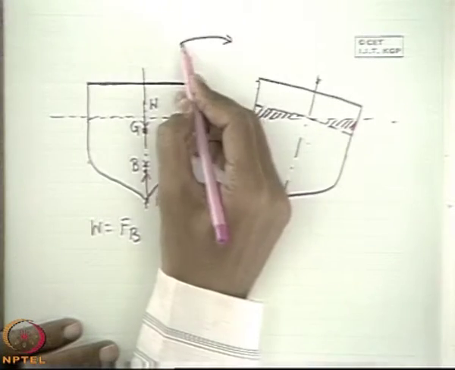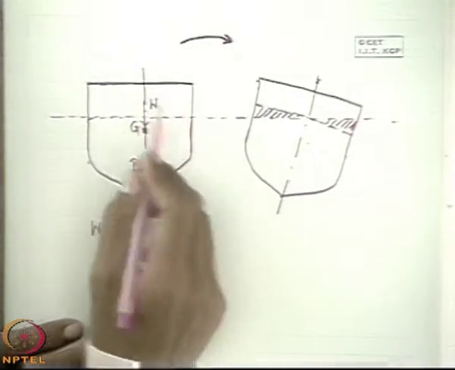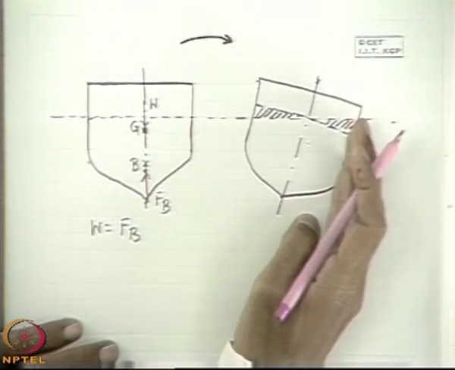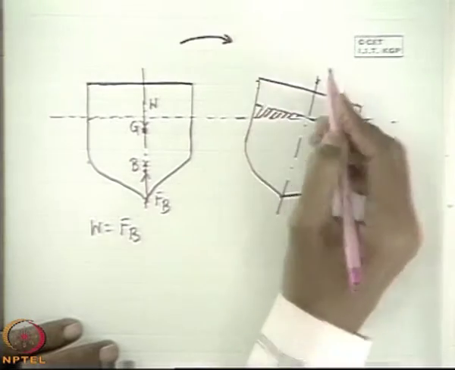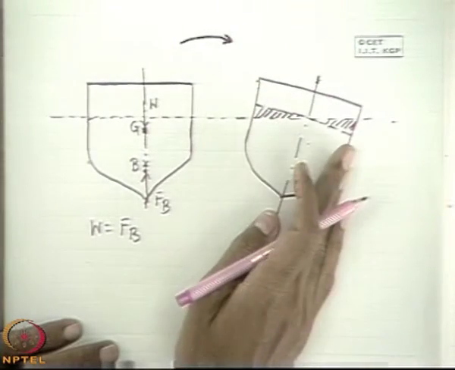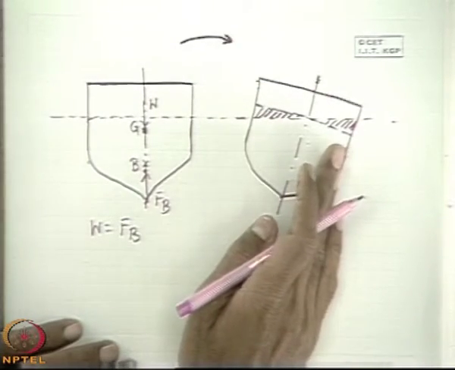That means that if we give a tilt here, more of the volume in this portion will go under the free surface and some volume in this portion will automatically come up. So we see the distribution of the immersed volume changes.